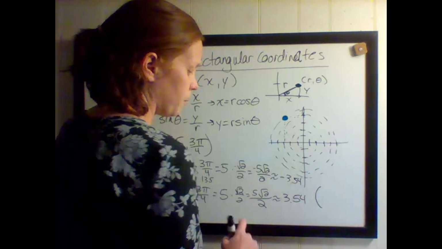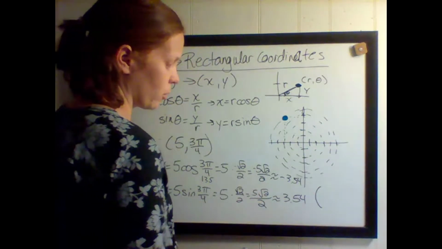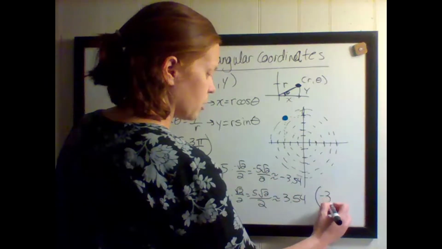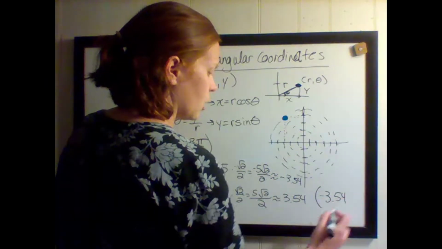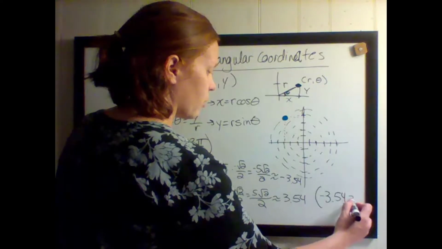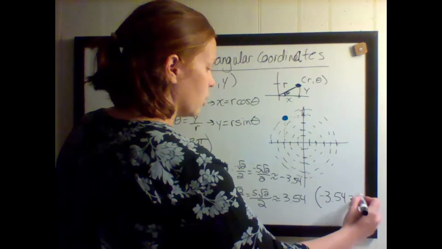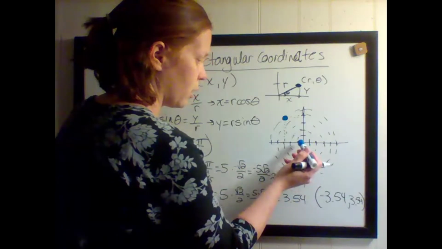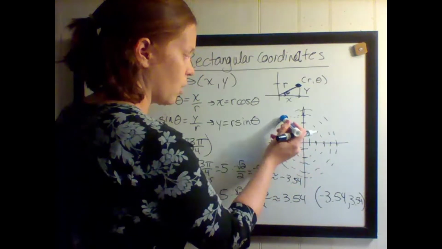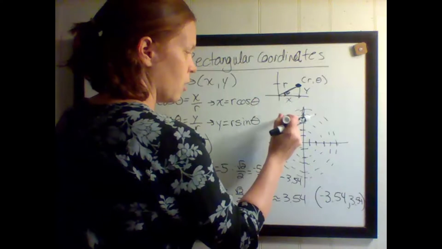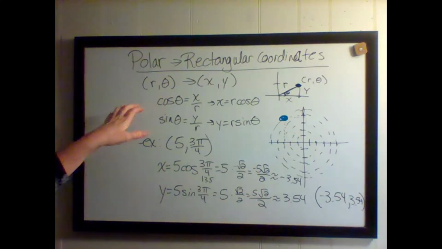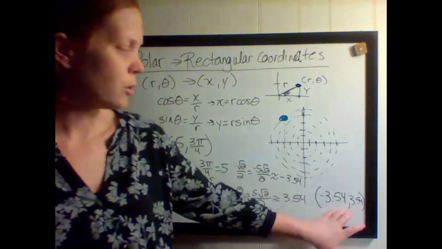So the xy coordinates would exactly be the root versions, but I'm just going to put in the approximations: negative 3.54, 3.54. And if we look, that makes sense. Going over negative 3.5, up 3.5, I'm going to land in that same spot. It's just writing it in polar versus xy.